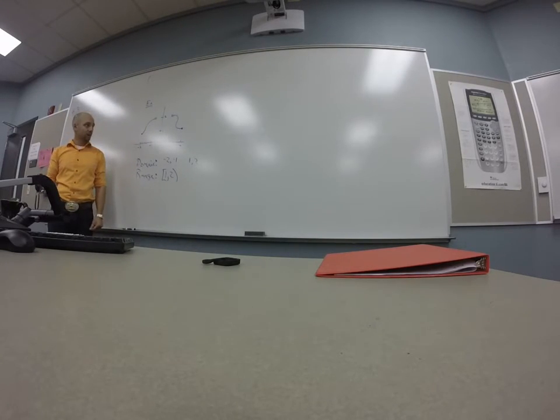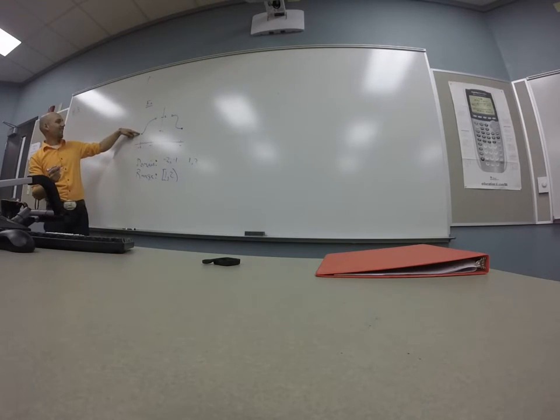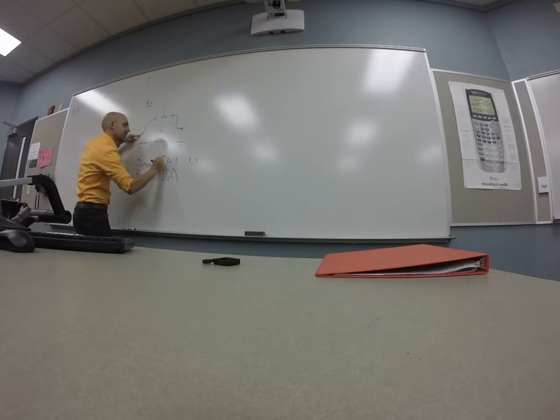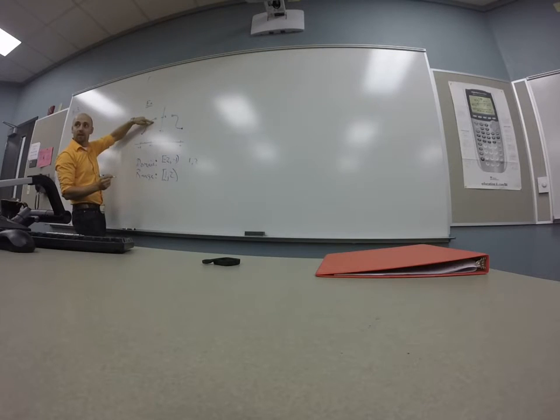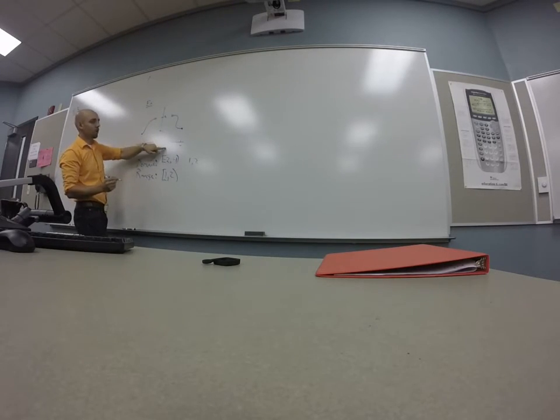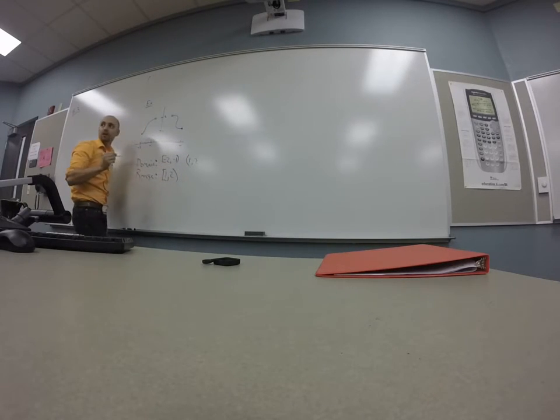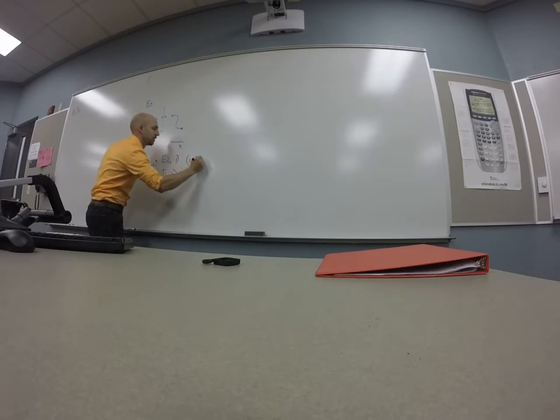So what are my brackets? Okay, so there's a closed one above -2 because there's a solid dot there. There's an open one above -1. How about 1? That one's open and 2 is closed.